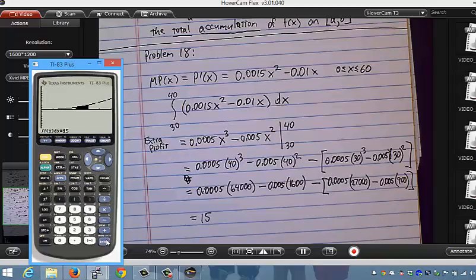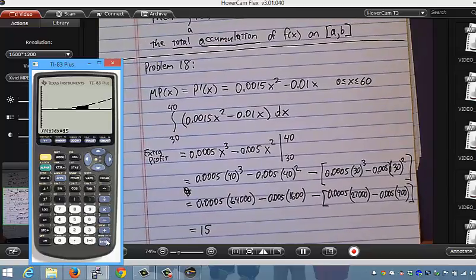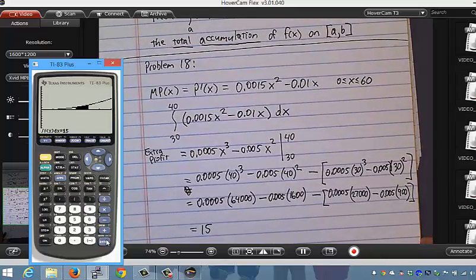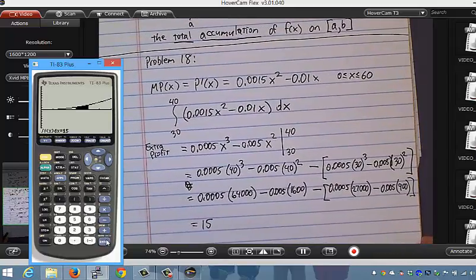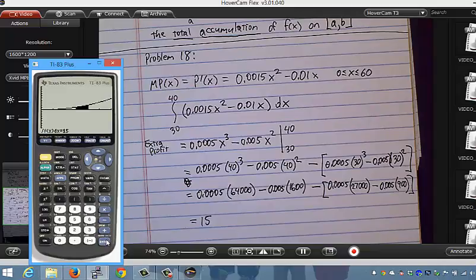So what's it mean? What's this mean for the business? If you increase from 30 to 40 units, you're increasing your profit by the difference. Not the marginal profit, the profit. We will accumulate an extra 15 bucks.